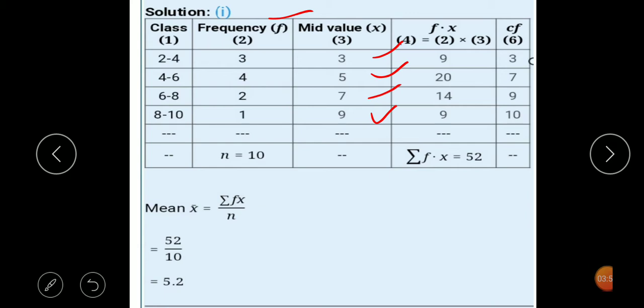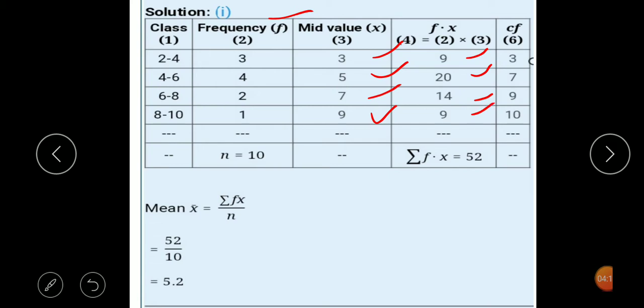See, now the next column is to be made: f into x, that is the product of frequency and x, where x means the class mark or midpoint. The products are 3 into 3 we get 9, 4 into 5 we get 20, 2 into 7 we get 14 and 1 into 9 we get 9.